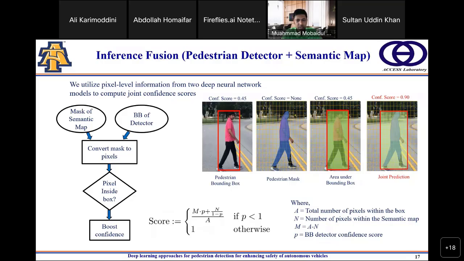So basically we boost the confidence score on the overlapping pixels, so that our model can provide boosted confidence when there are overlapping pixels between the two network outputs, the semantic segmentation and the bounding box network. If there is overlap, then our model can provide the boosted output.